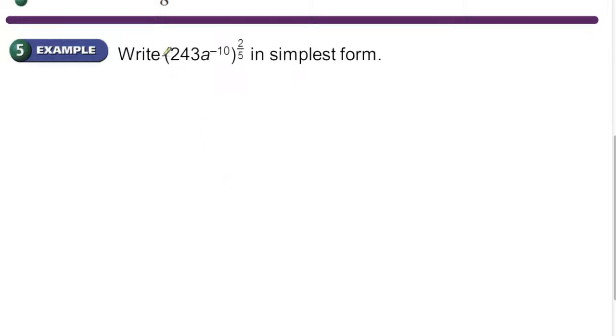So we have 2 separate terms being raised to the 2/5, which means I should be raising each separate term to that 2/5. I'm going to rewrite that out: 243 raised to the 2/5 times a to the negative 10 raised to the 2/5.